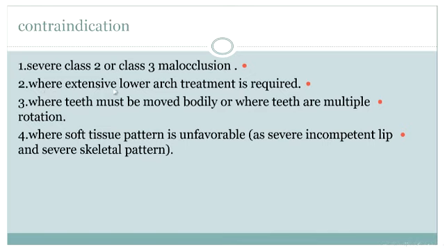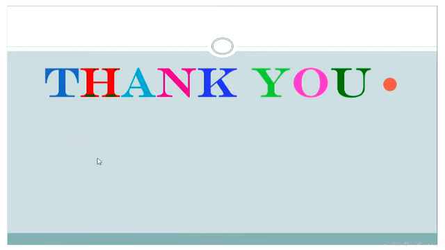Where extensive lower arch treatment is required, where the teeth must be moved bodily, or where there are multiple rotations, or where the skeletal pattern is unfavorable, as in severe crowding and severe skeletal pattern.